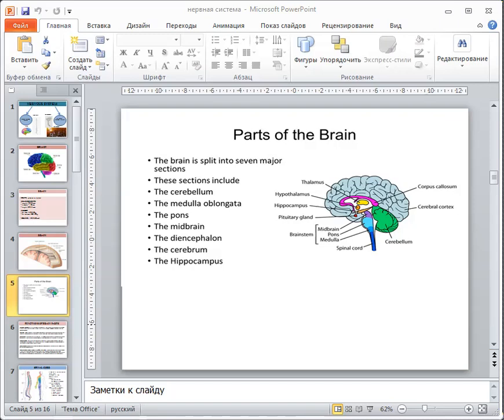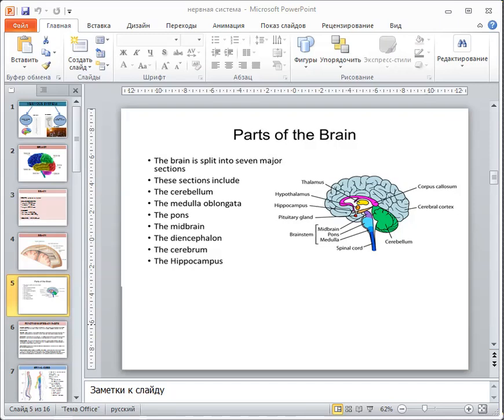The cortex consists of gray matter. Its thickness is 1.3 to 4.5 millimeters. There are 15 billion cells in the cortex. The area of the cortex is approximately 220,000 square millimeters.